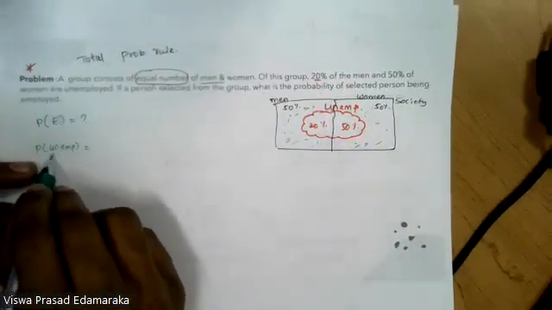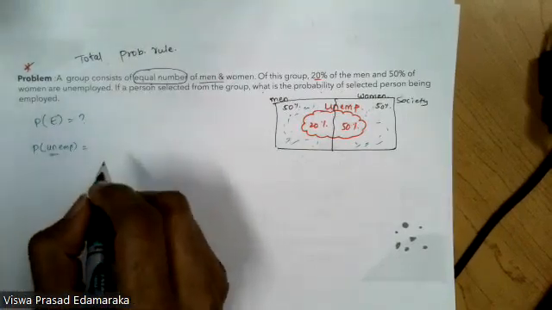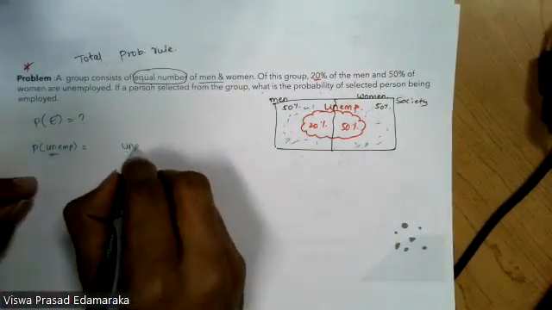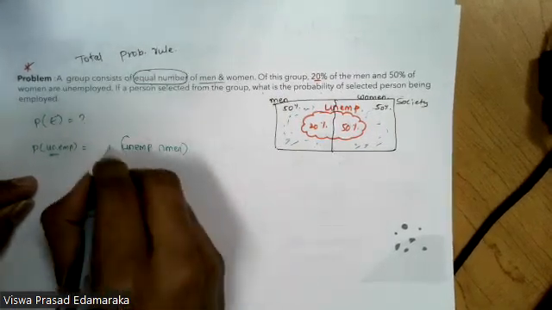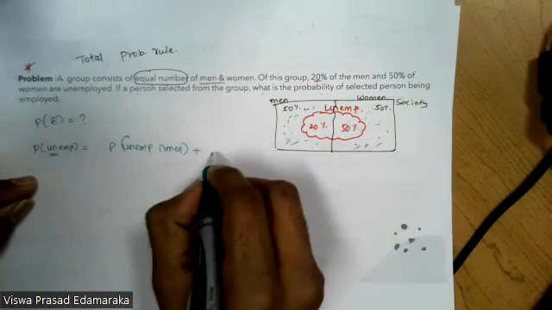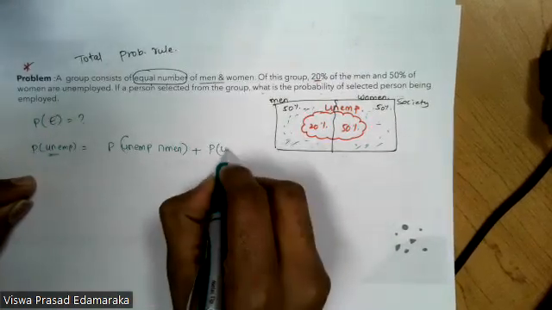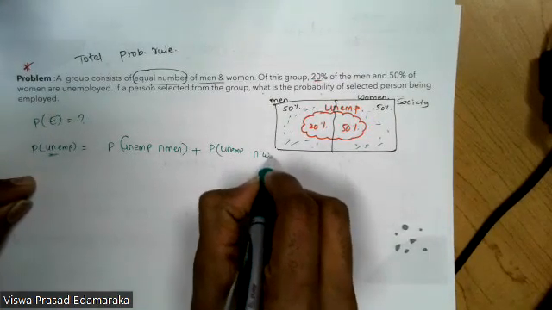As we know, unemployed intersection men and P of unemployed intersection women.